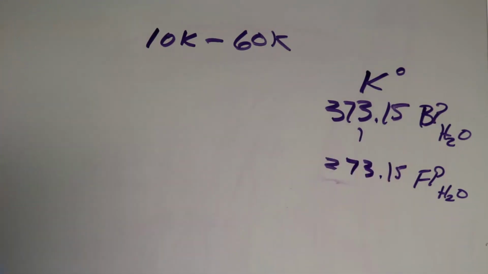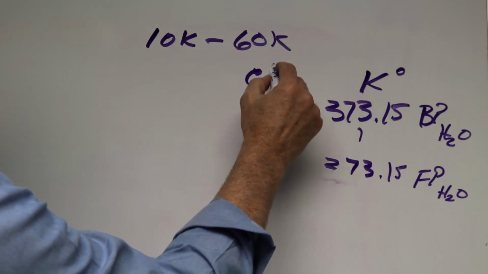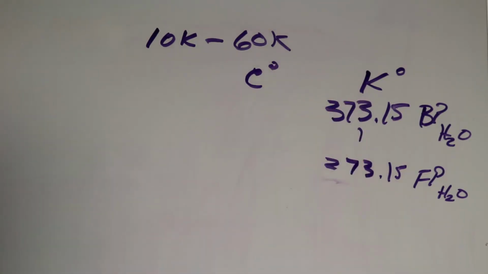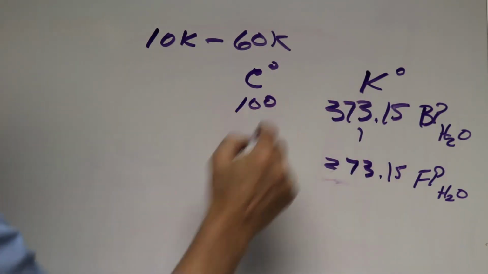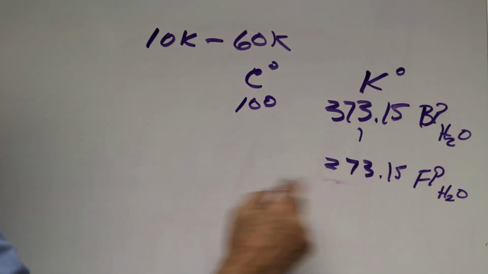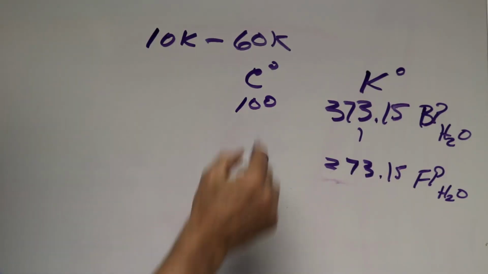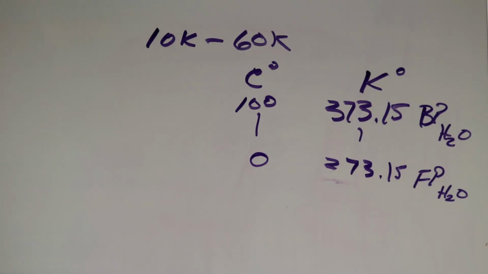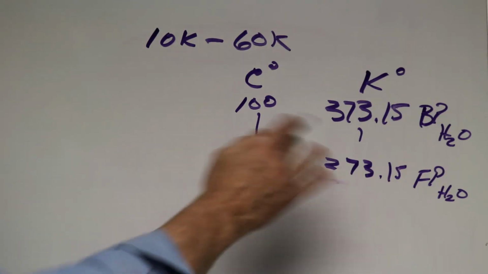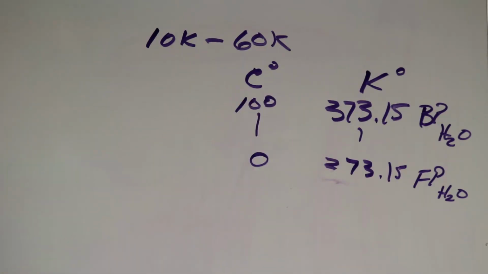Okay, so your difference here is 100 on the Celsius scale. Boiling point of water is 100, and the freezing point of water is 0. Again, your difference is 100. Kelvin and Celsius are interval scales, and each being 100 intervals between freezing and boiling, they are equal. A change of 10, for example, on Celsius is a change of 10 Kelvin.